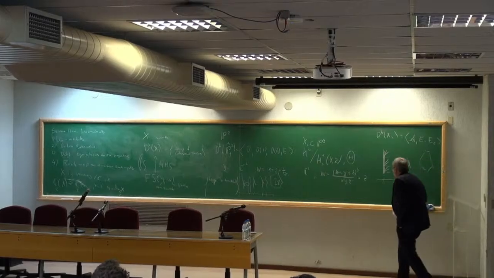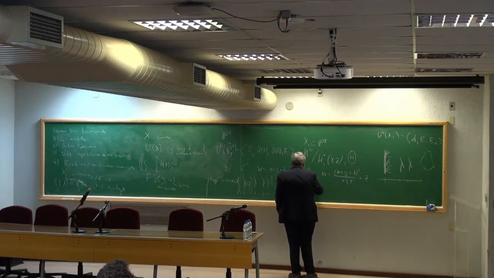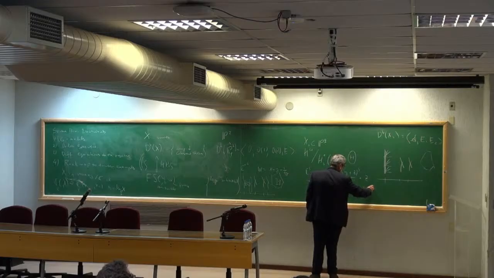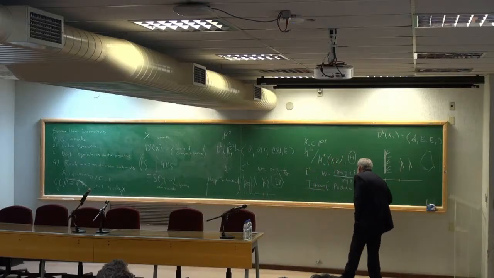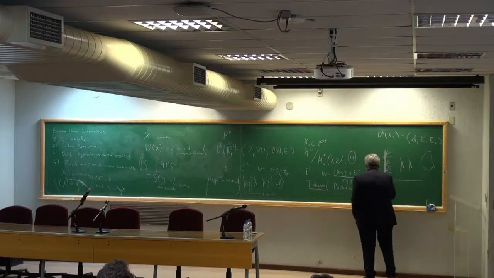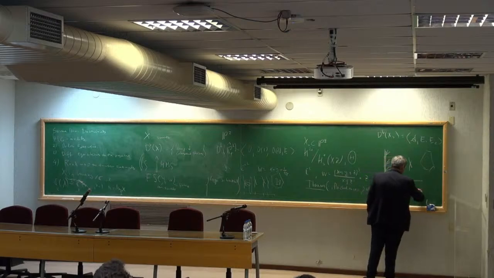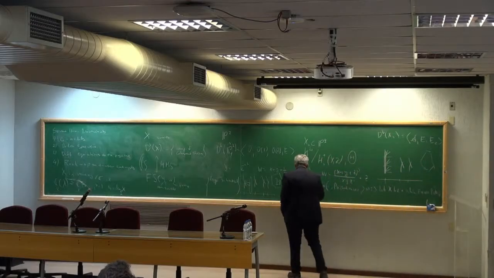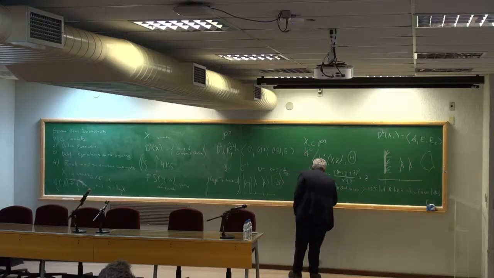So that observation led to the following theorem, proven by me and Przyjalkowski, I think in 2005, but it appeared in 2007, which says: let X be a three-dimensional Fano variety with Picard of X equal to Z. And let's say X is not P3.